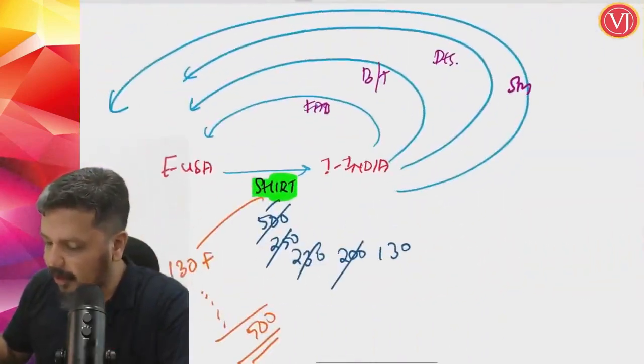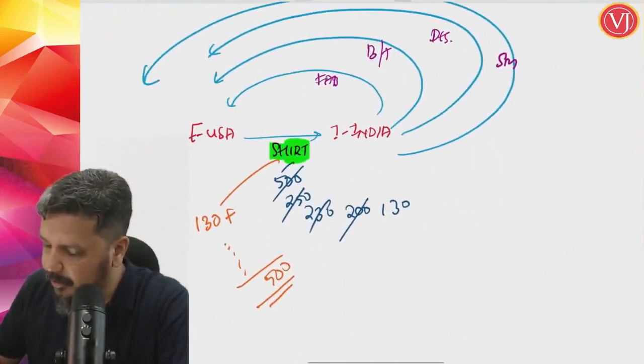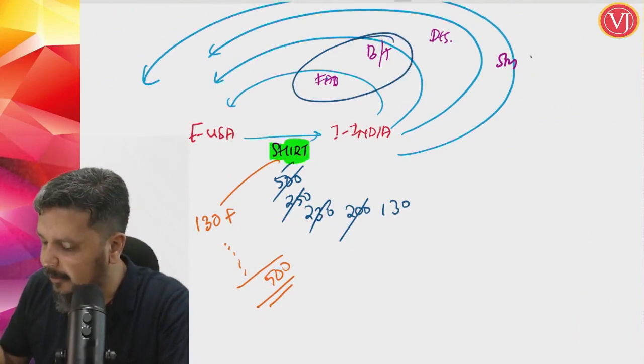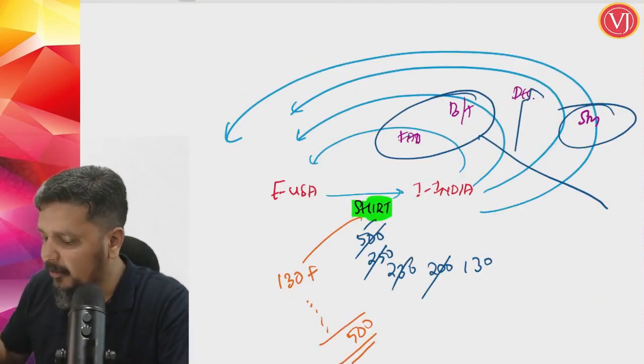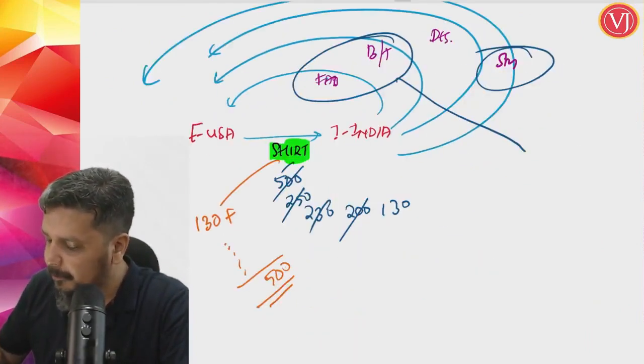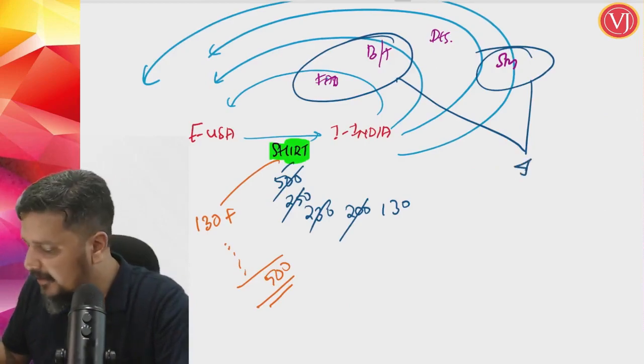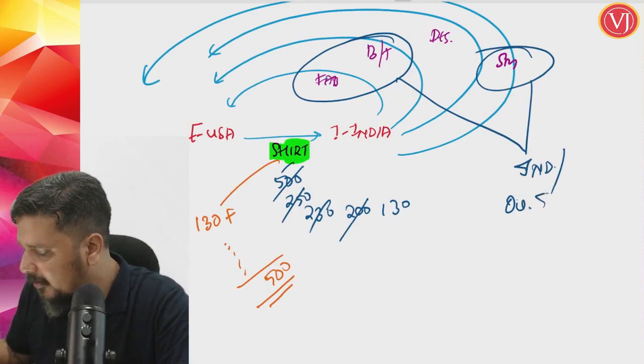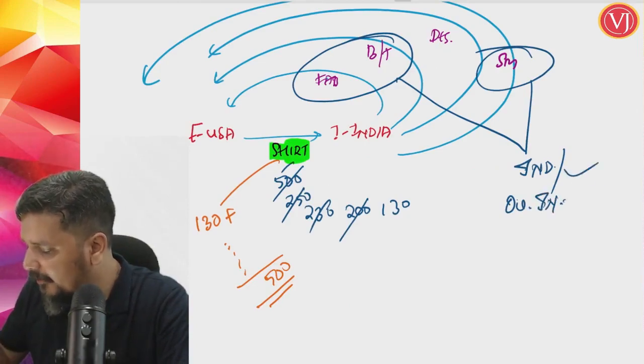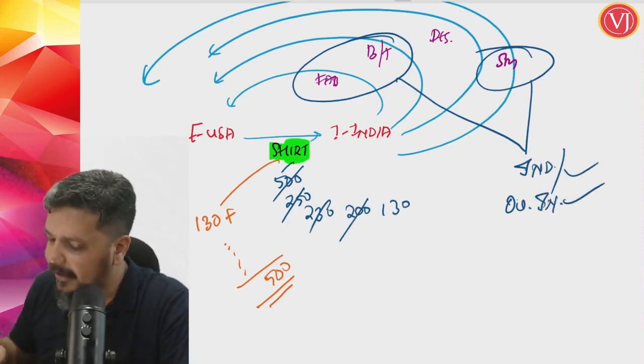But one important point. When you talk about materials, materials consumed or capital goods, whether they are given from India or from outside India, they will be added.